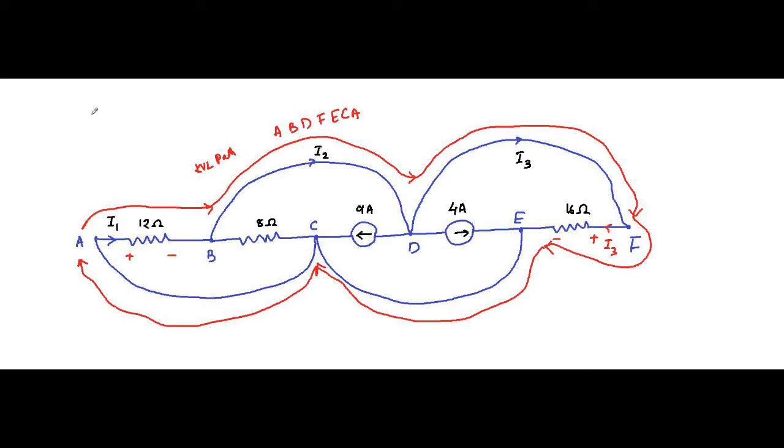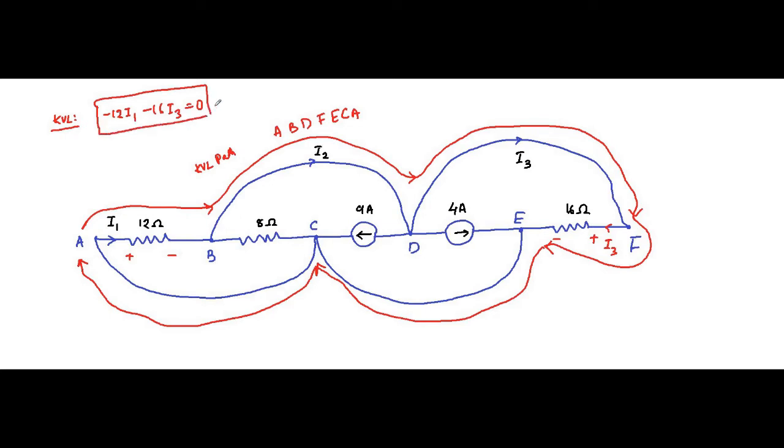So the KVL equation here will be minus 12I1 minus 16I3 is equal to 0.